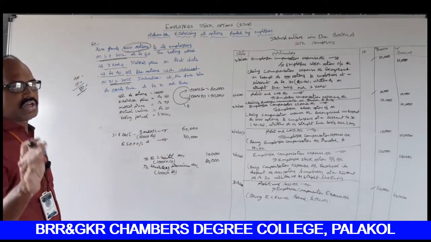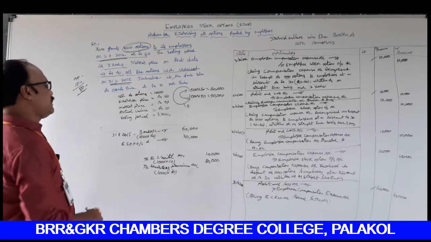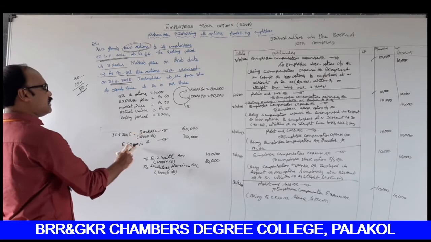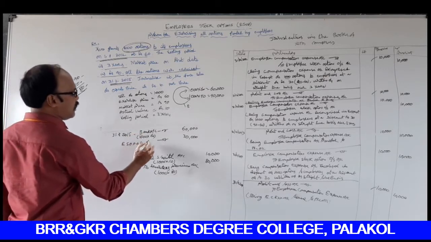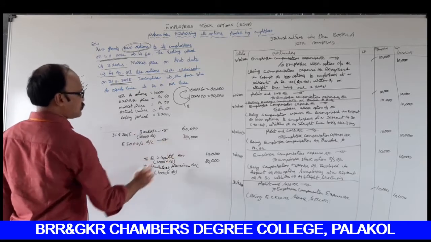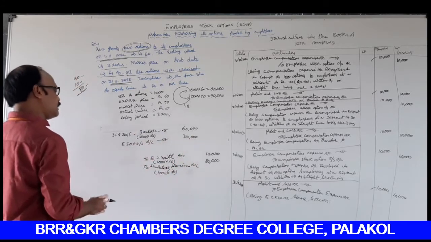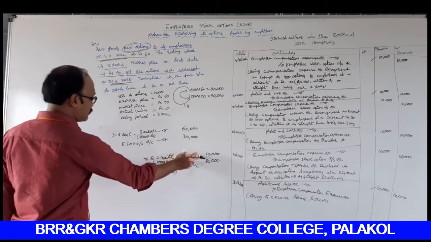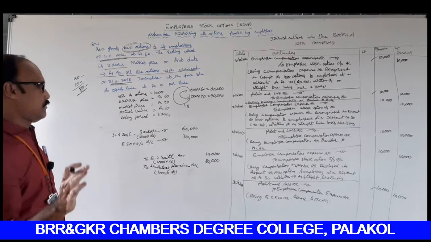So the last general entry is: bank account debit, employees stock option outstanding account debit 30,000, equity share capital account 10,000, to securities premium account 80,000.